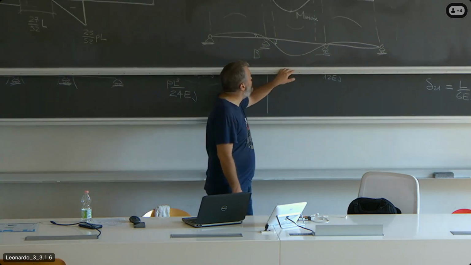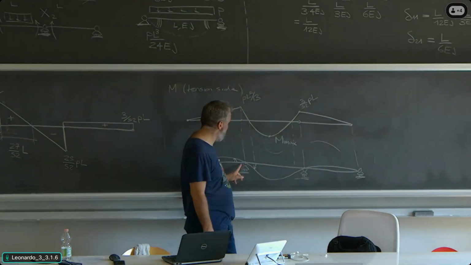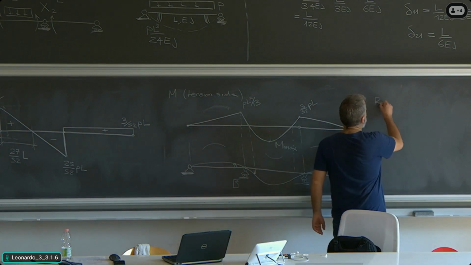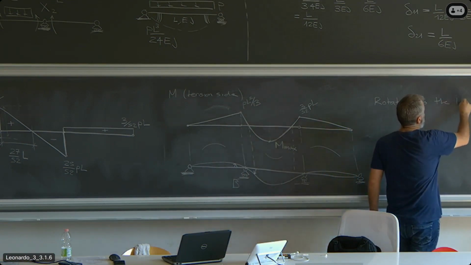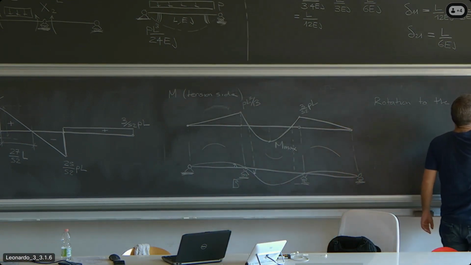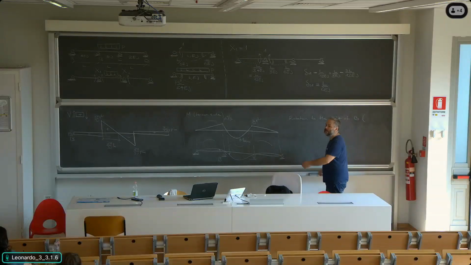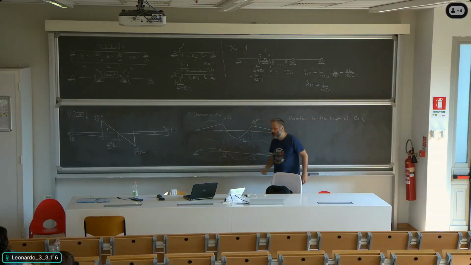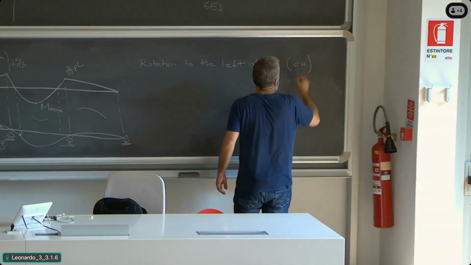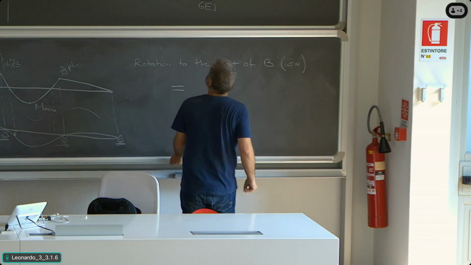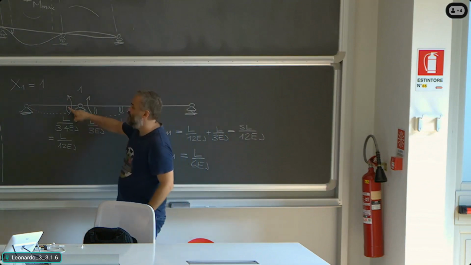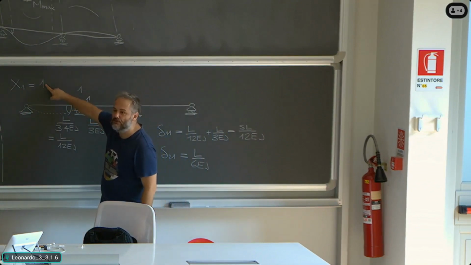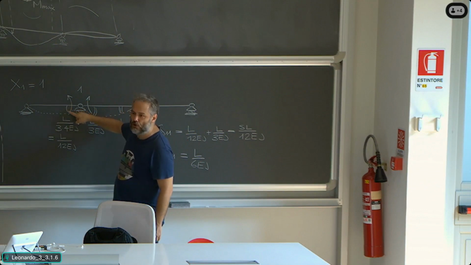So, I can calculate the rotation to the left of B, assuming it to be clockwise. How? Again, bending moment x1 with a unit value causes a counterclockwise rotation whose value is L over 12EJ.